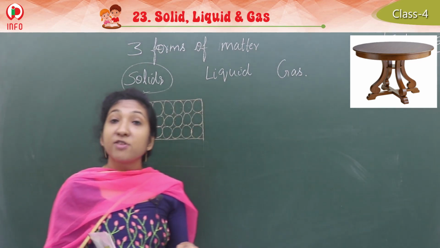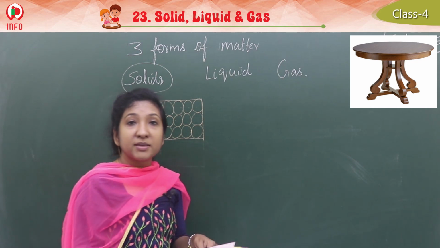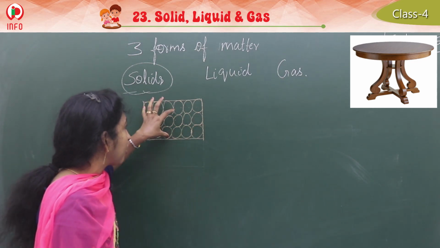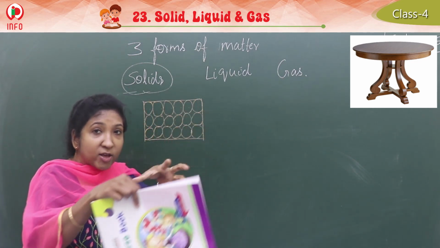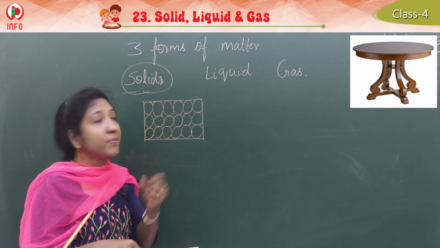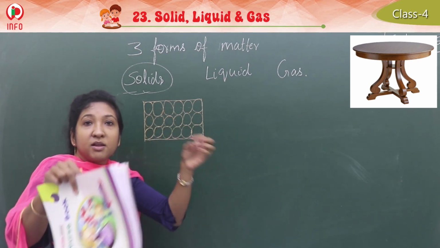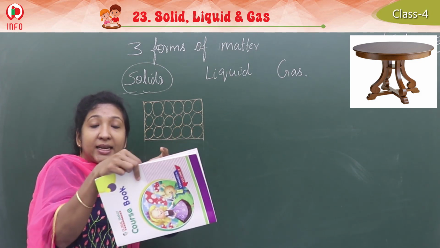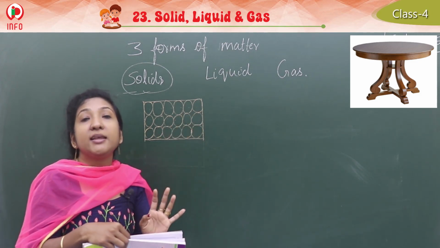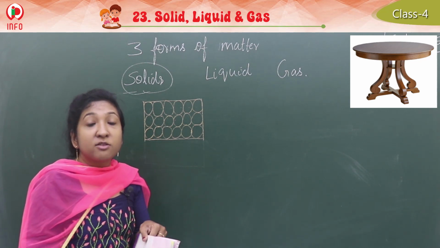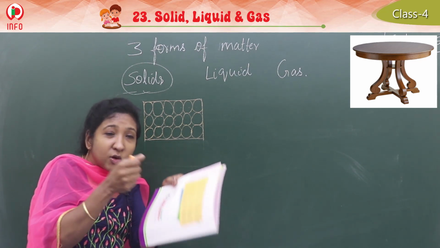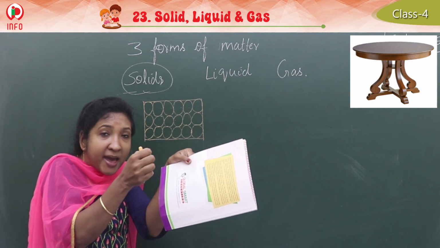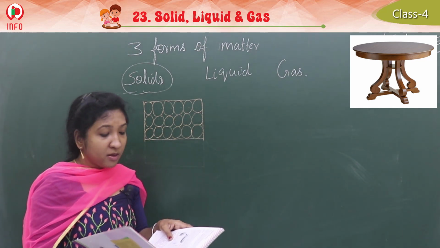Therefore, solids have definite shape and volume. They cannot move freely because they are closely packed. This attraction between them is so strong that they are very tightly packed and cannot move freely.